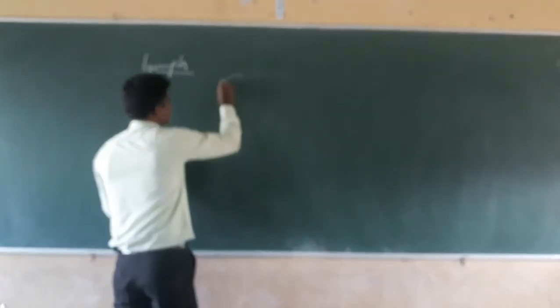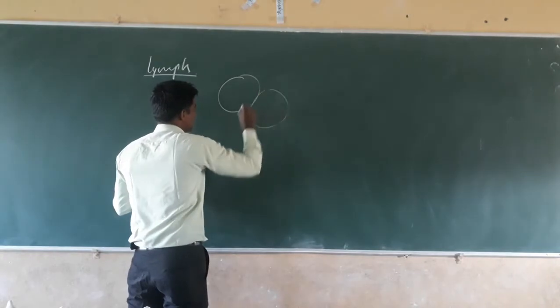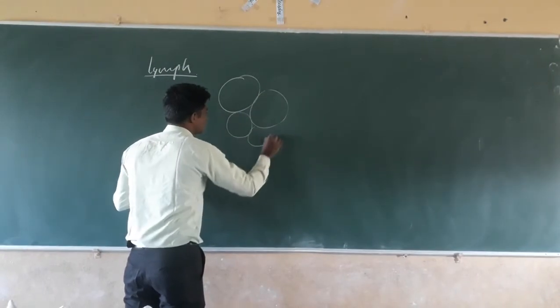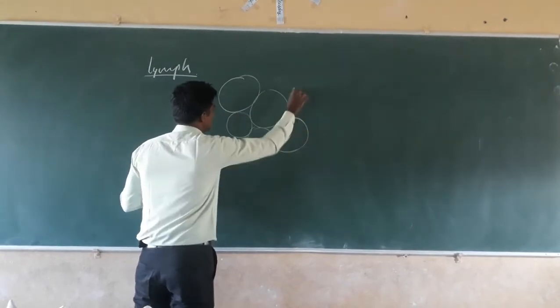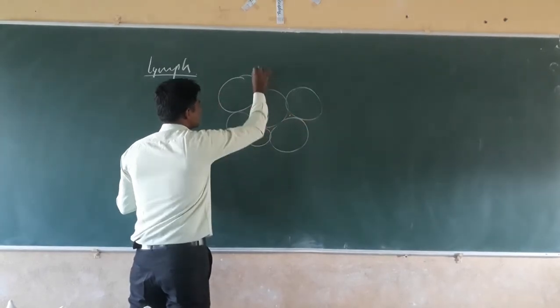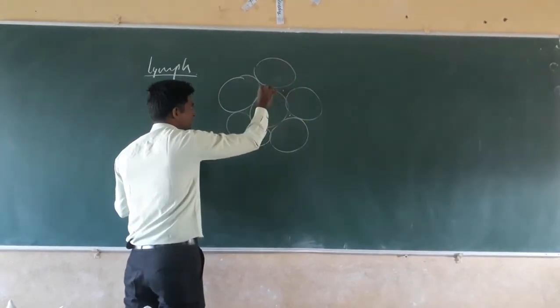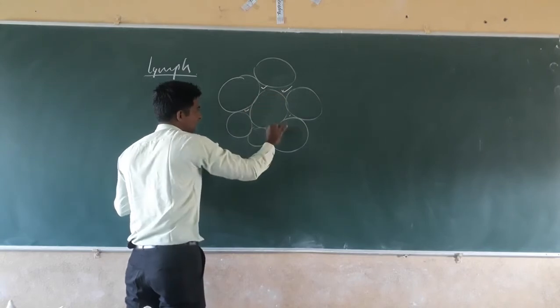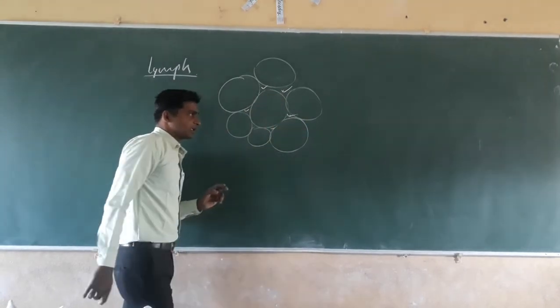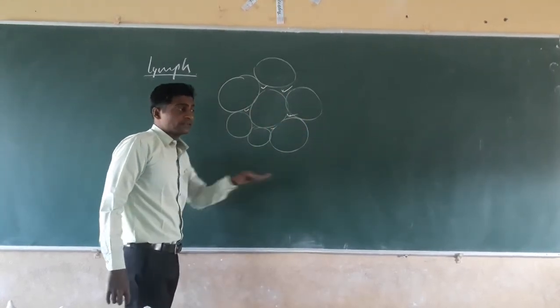See what happens here, students. The cells are there, and in between the cells there are spaces. During the circulation of blood, minute holes are present in the capillaries.